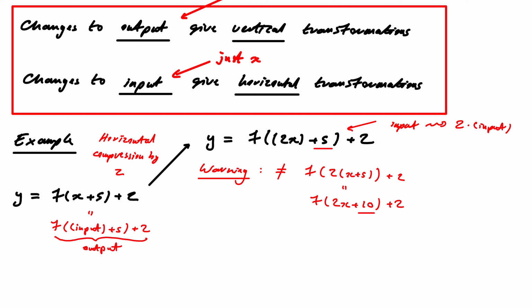So when you're doing anything horizontal, it's only the x which is being replaced. It doesn't matter how it's been presented to you. Whatever x is, you just replace it with the appropriate thing. In this case, horizontal compression by factor 2, you replace the x by the 2x. Okay, so this is a warning. You don't replace what's in the brackets for f, it's wherever x turns up.